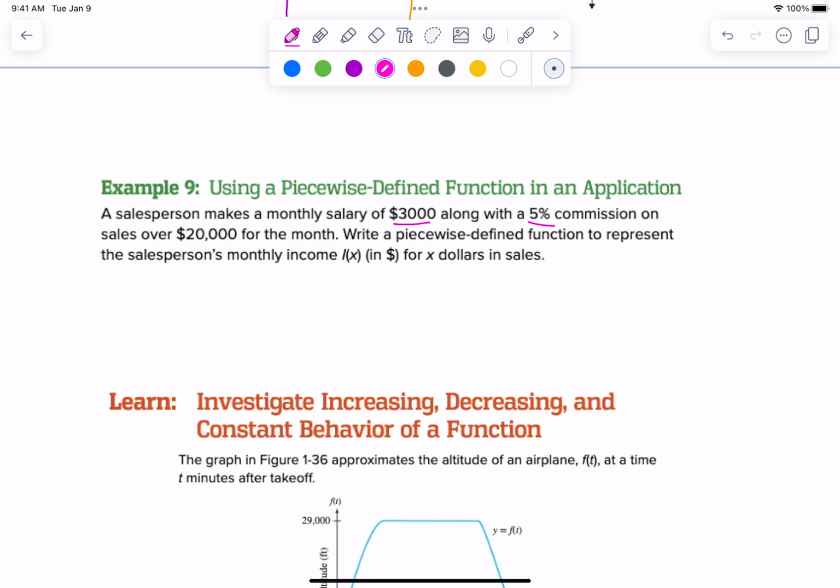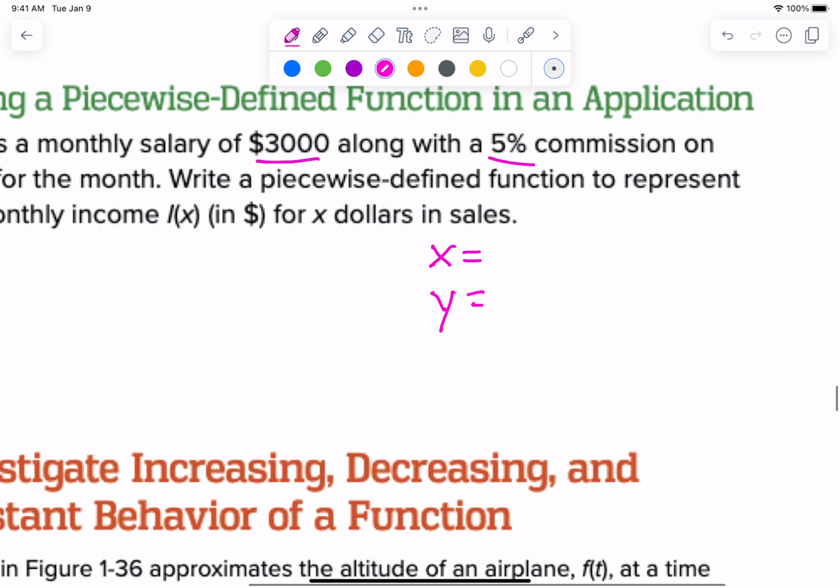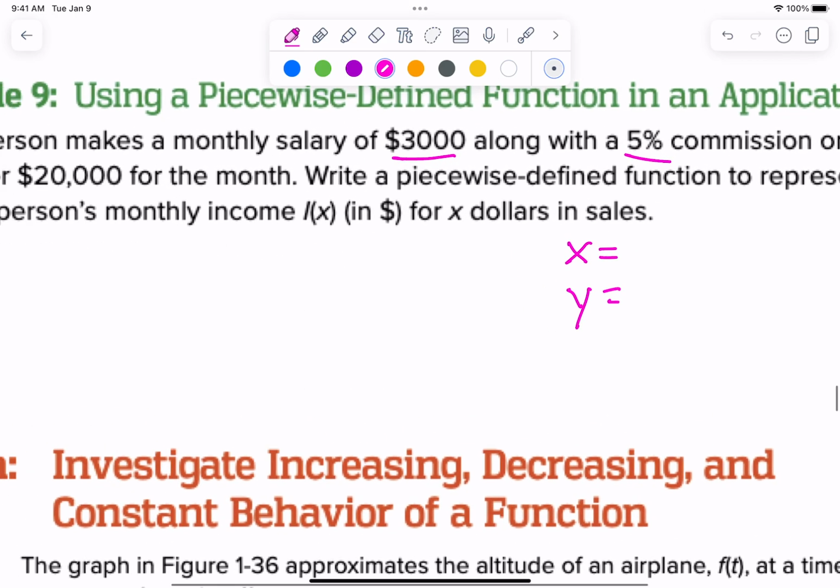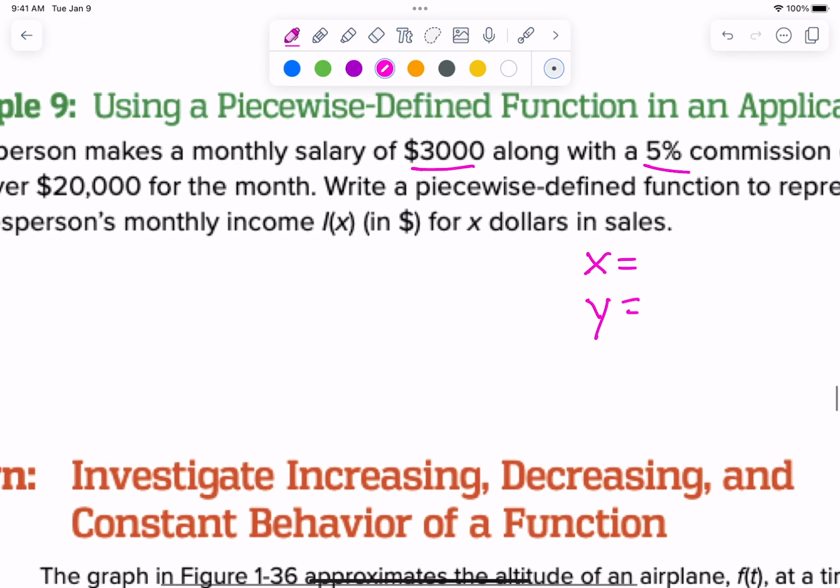All right, let's talk about what X means and what Y means.